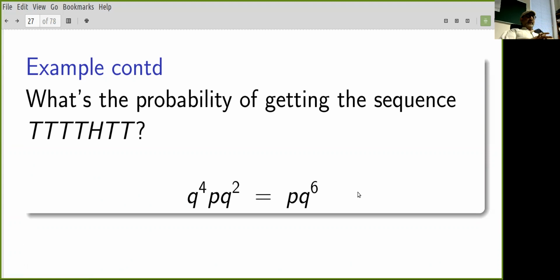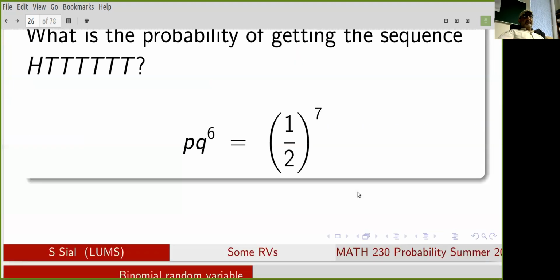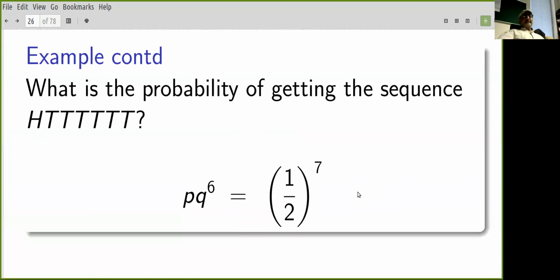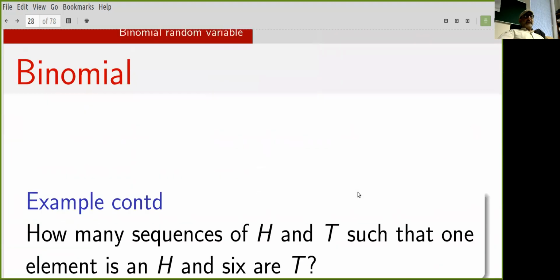So it's q times q times q times q times p times q times q. That is q to the 4th, then p times q squared, that's p q to the 6th. That's the same as we had before, right?